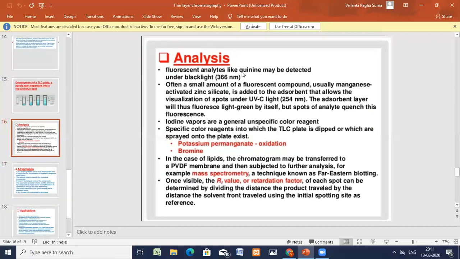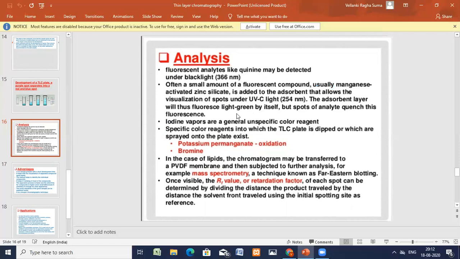Fluorescent analytes like quinine can be detected under black light. Often, a small amount of a fluorescent compound, usually manganese activated zinc silicate, is added to the adsorbent, which allows the visualization of the spots under the UV chamber light at 254 nanometers.